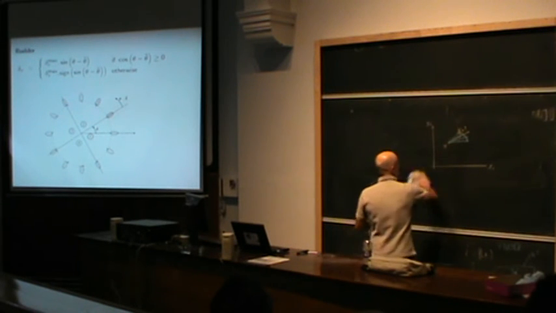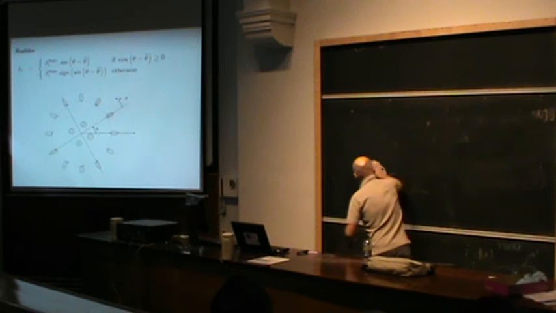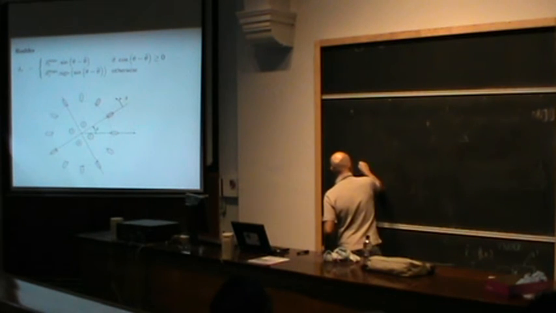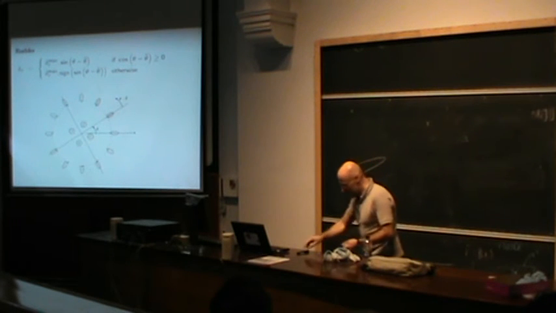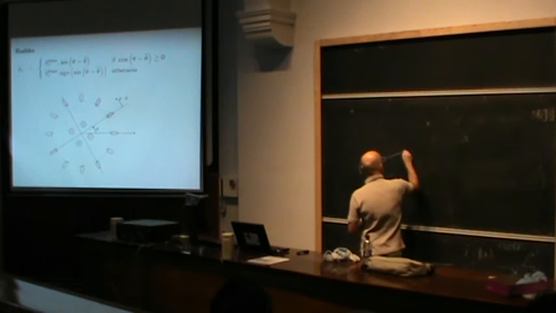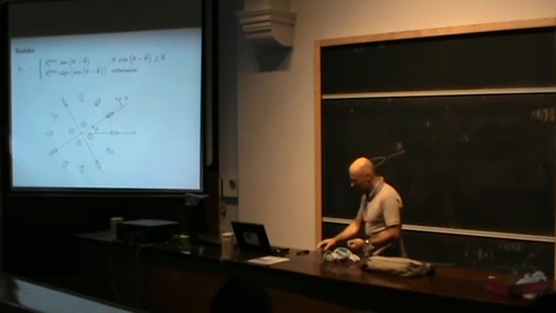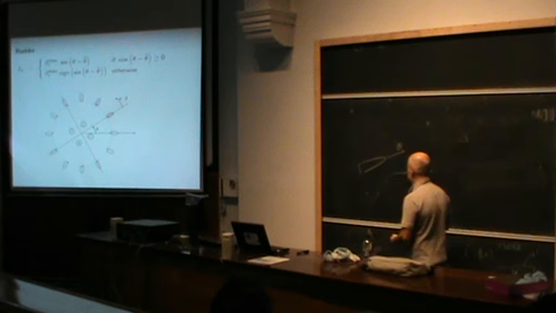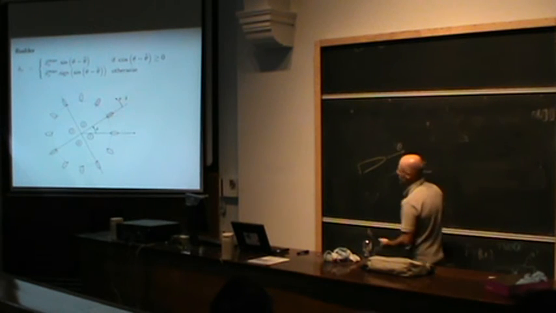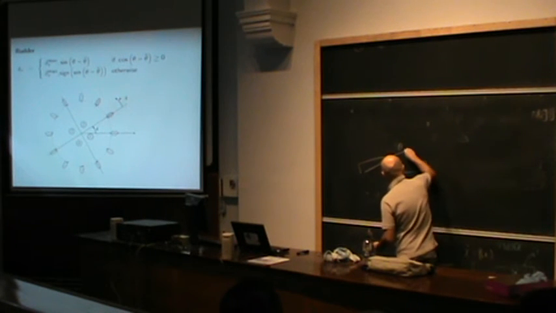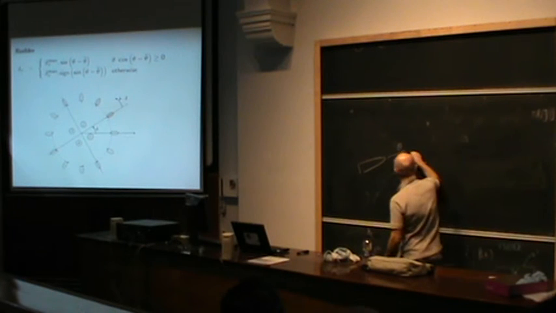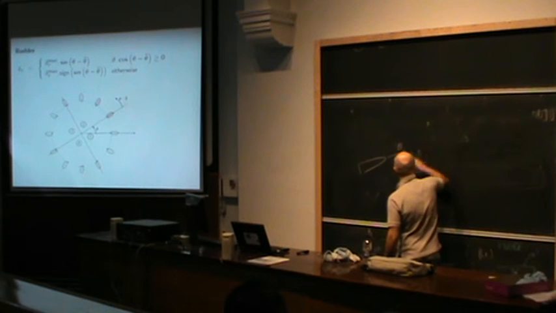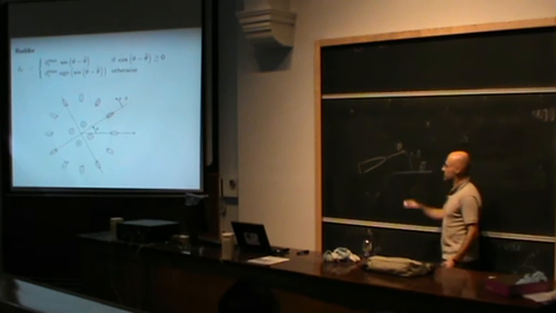So if the robot is here, for instance, and he has a heading equal to theta, but he wants to go with this heading, we compute the error between the actual heading and the desired heading. It is the error.